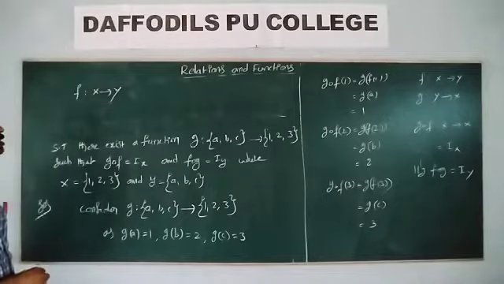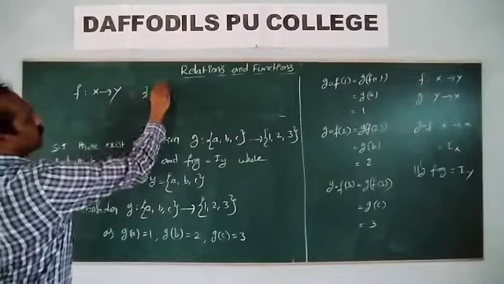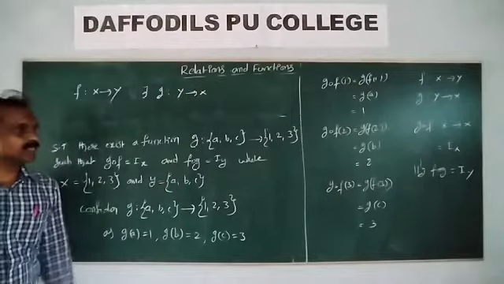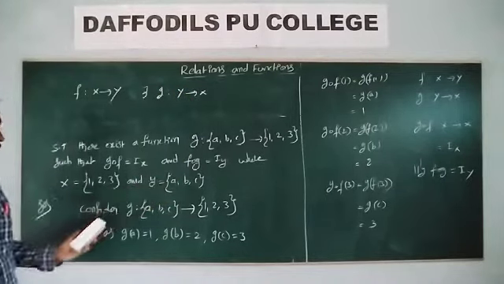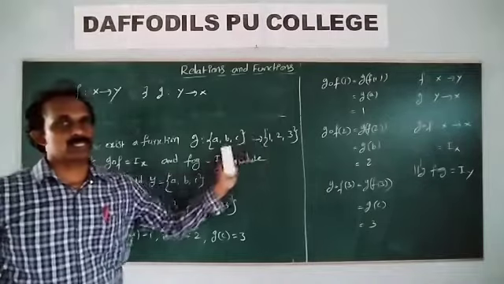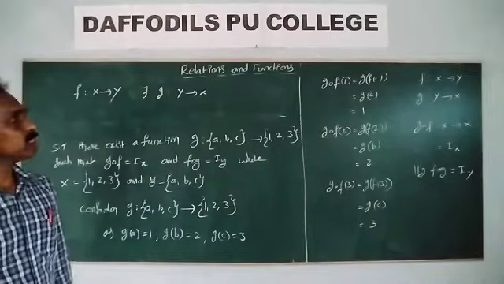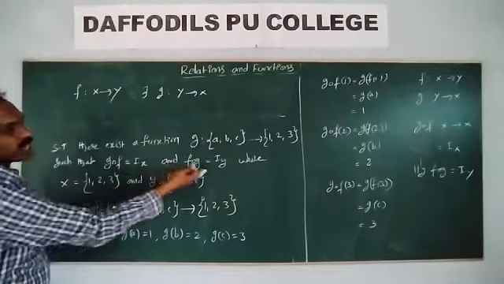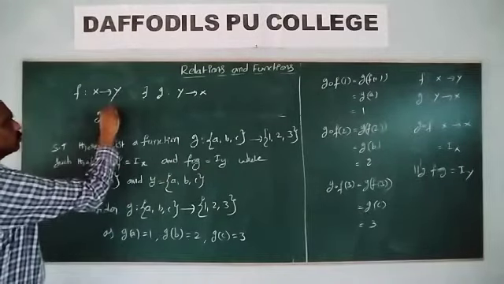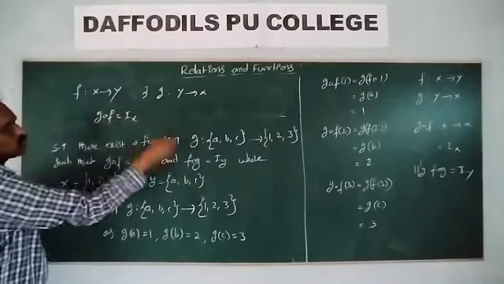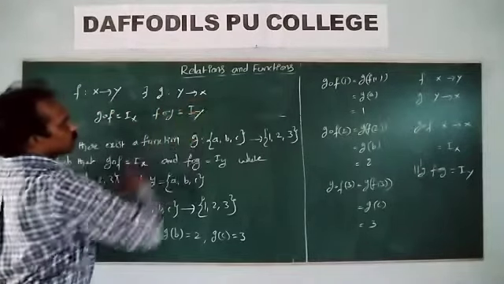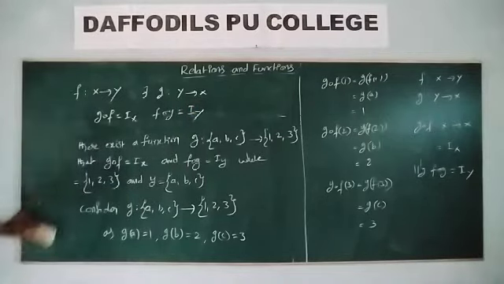How is the converse true? If there exists a function g maps Y to X, then we show that g circle f is equal to Ix and f circle g is equal to the identity function Iy.